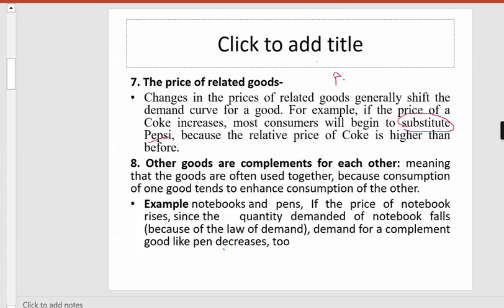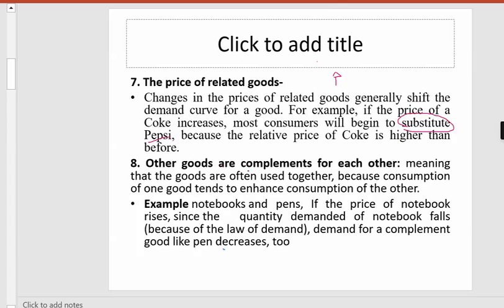Of the other. For example, if the price of coffee increases, expect the demand for tea to increase or to decrease. That is the question. To increase. Yes, to increase. If the price of Coca-Cola increases, expect the demand for Pepsi to increase. Yeah. We are going to see the formula, the model that illustrates this one.